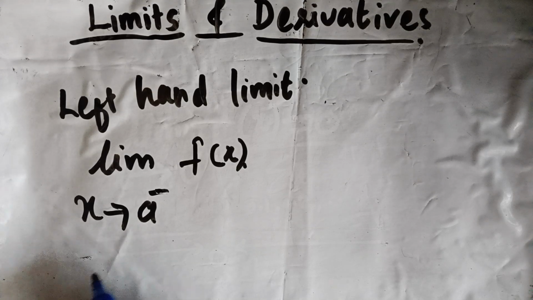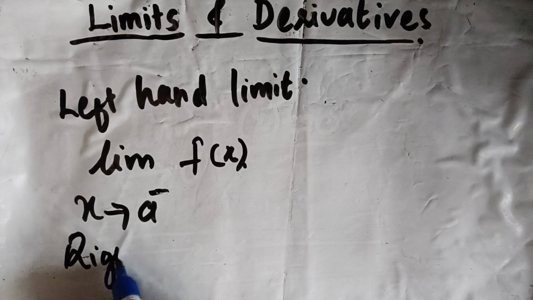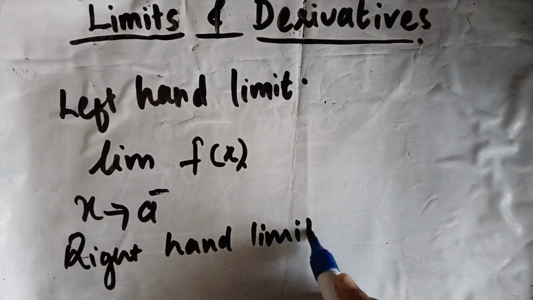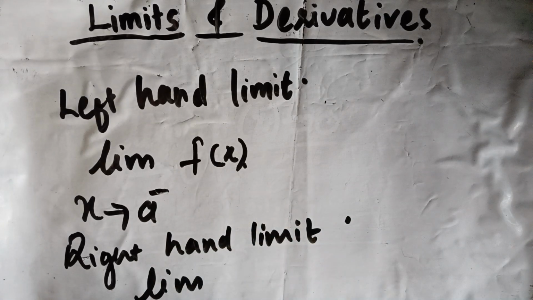Same way we write the right hand limit. So limit as x tends to a plus. This is the expected value of f at x equal to a given the values of f near x to the right of a. This value is called a right hand limit of f(x) at a.